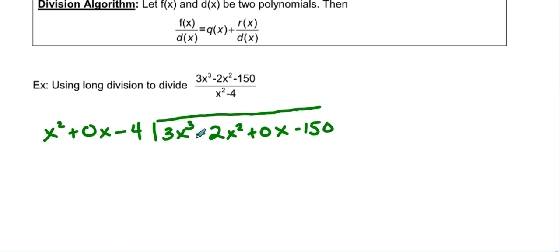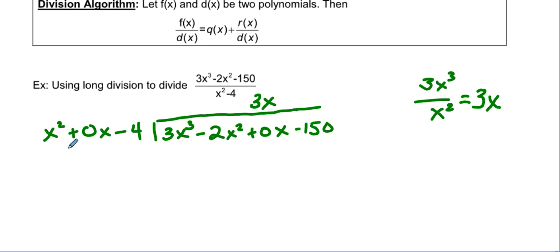So I'm going to start by taking the first term, 3x to the third, and dividing it by the first term, x squared. And I'm going to get 3x, because when you divide, you subtract exponents. And then put that above its like term here, 3x.